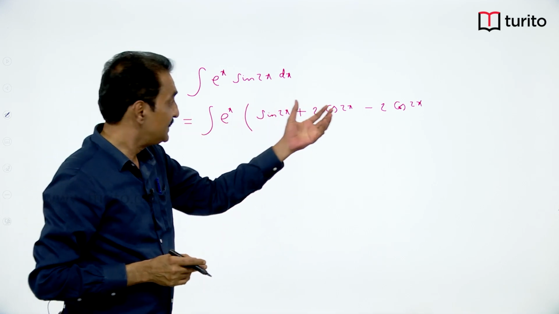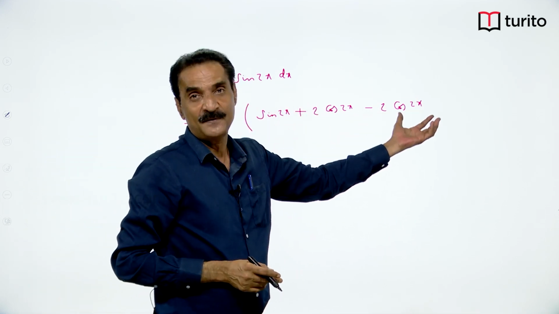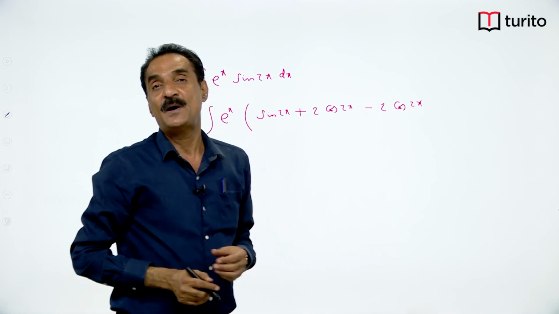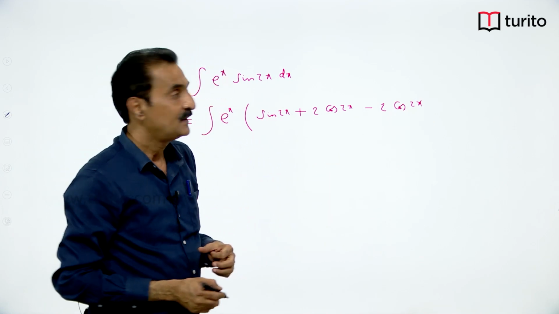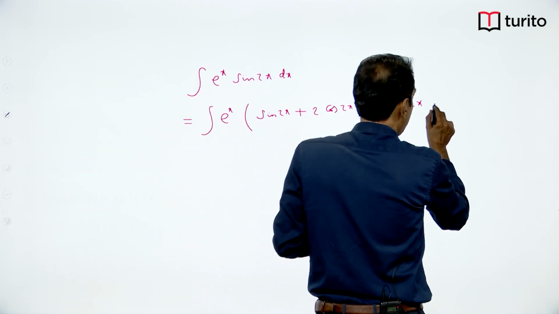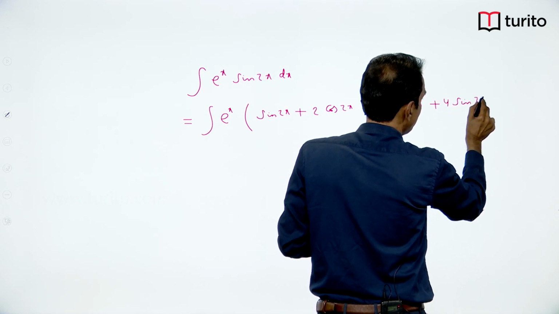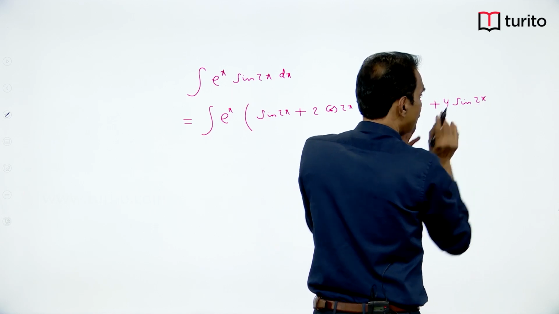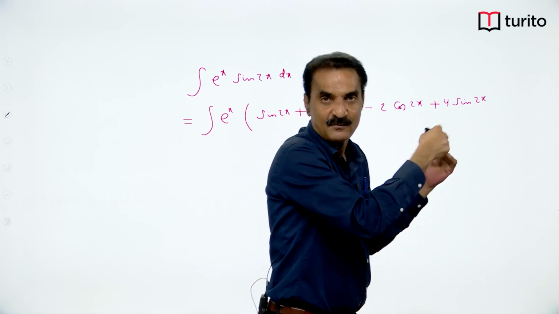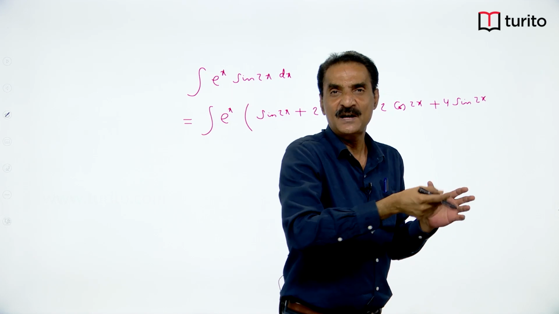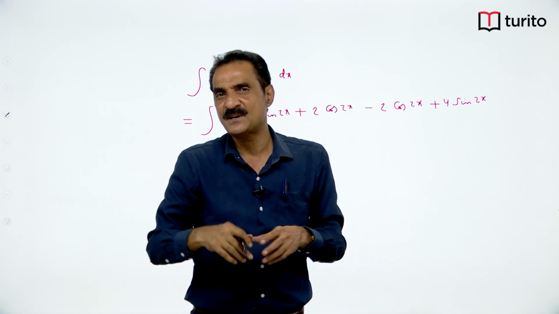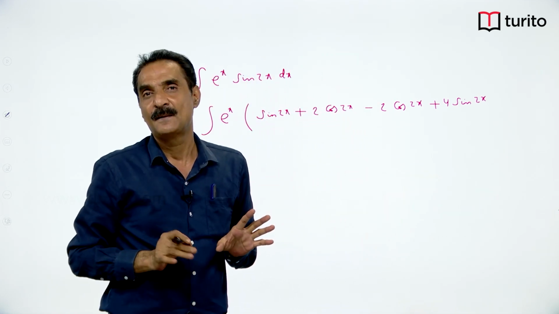What is the derivative of this? If this is f of x, what is the derivative of minus 2 cos 2x? It is plus 4 sin 2x. We will add. Again we have to subtract, but if we continue like this, sin becomes cos, cos becomes sin, it will not be ending.